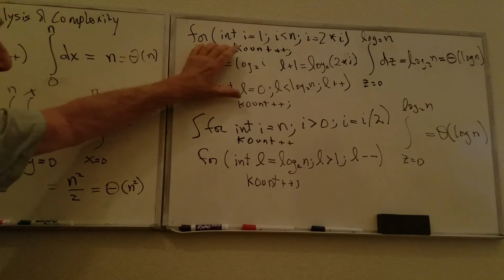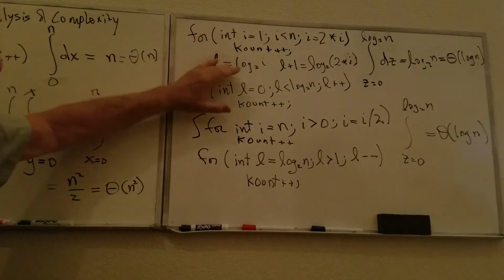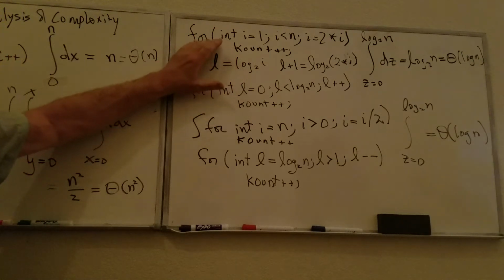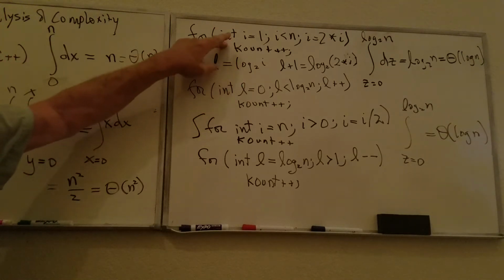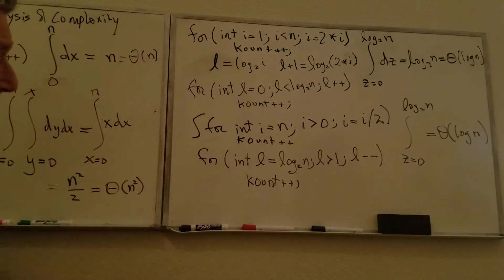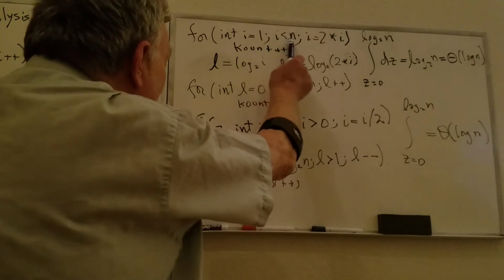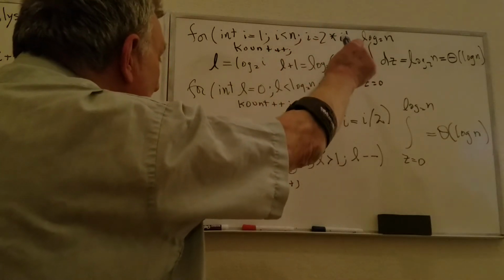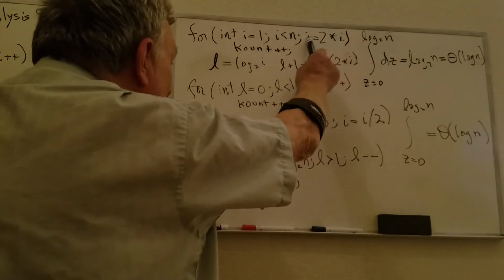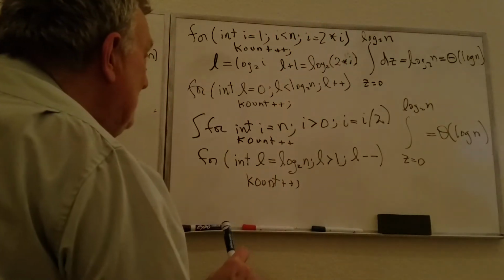All right, we start with a logarithmic outer loop and a linear inner, no, this is just a logarithmic loop, sorry. We're just going to do simple ones first. Just one loop. Okay, so i goes from 1 to n, and i is doubled every time.